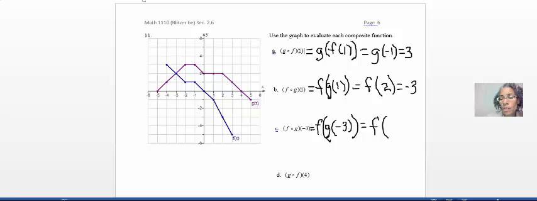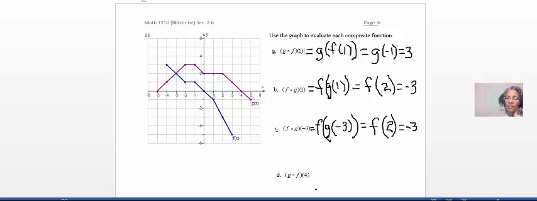They have a value of 2. And that's neither here nor there. The point is g of negative 3 is 2. So now I'm going to take x equal to 2 and put that into f. I go to 2 on the x-axis, go to f, and I see that the y value of the point on f that has an x-coordinate of 2 is negative 3. So f of g of negative 3 just happens to be negative 3. That's kind of a fluke.